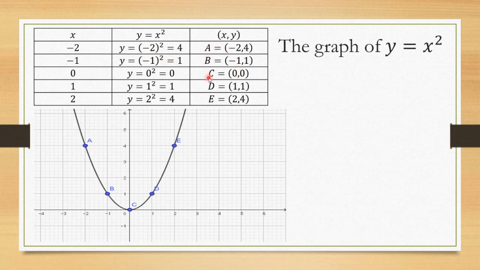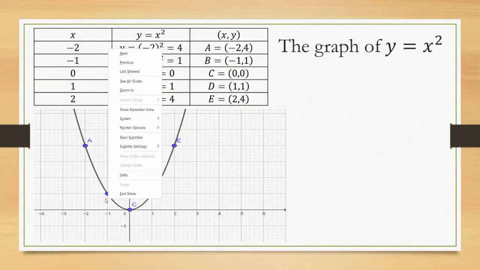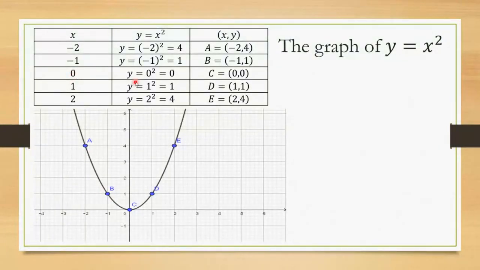I labeled A, B, C, and so on, just to make it a little bit easier to see. So -2, 4, that's over here. -1, 1 is here. And 0, 0 squared is 0. See? When x is 1, we plug it in, we get y is 1.